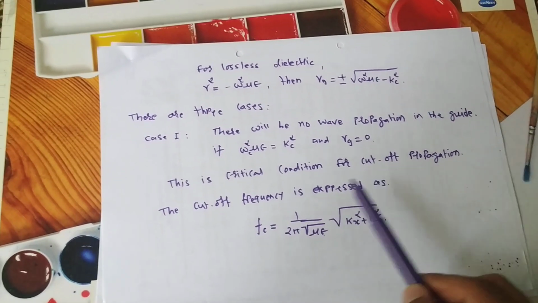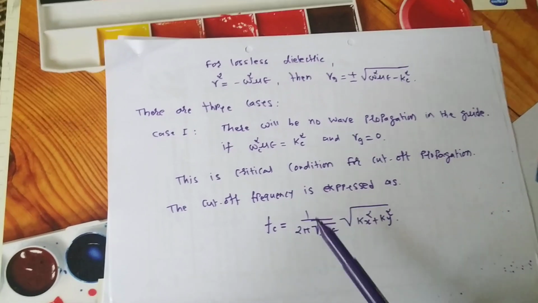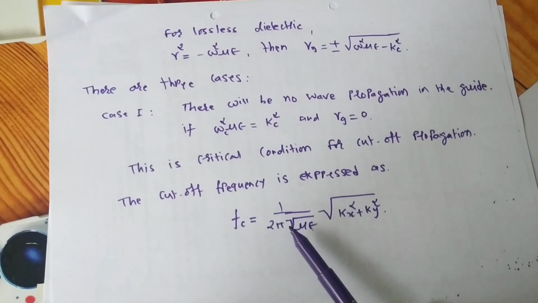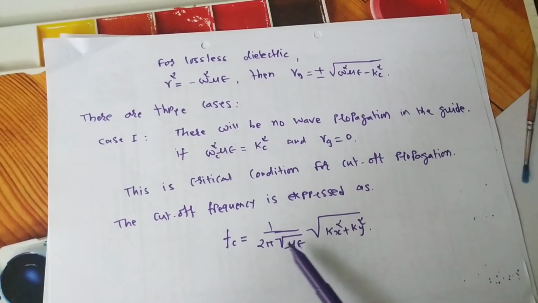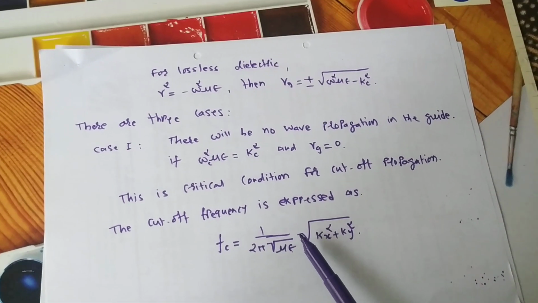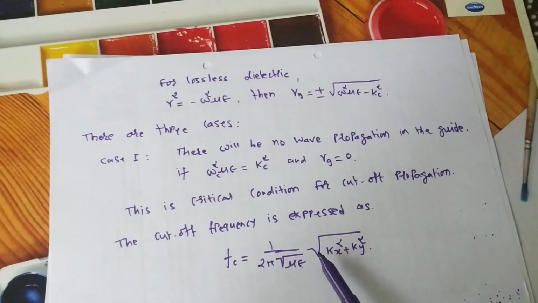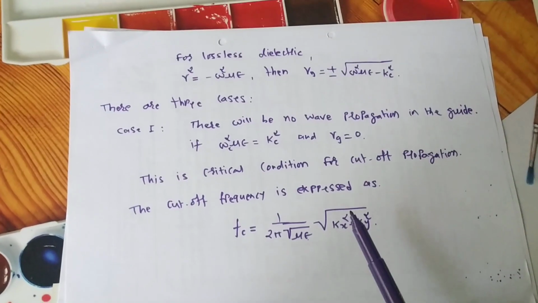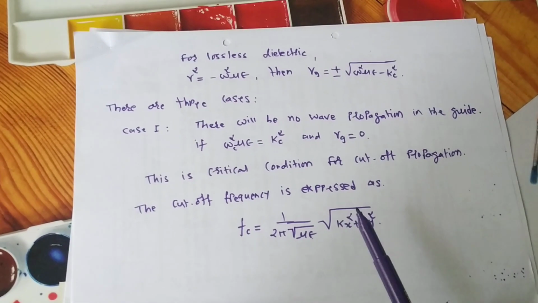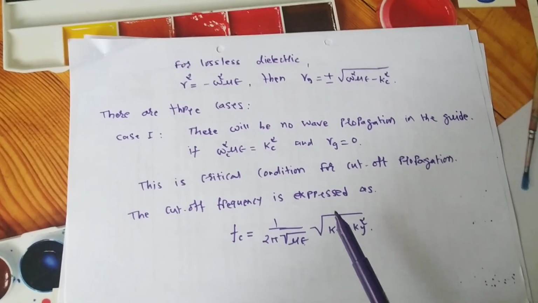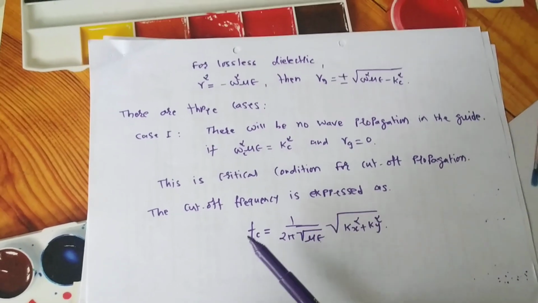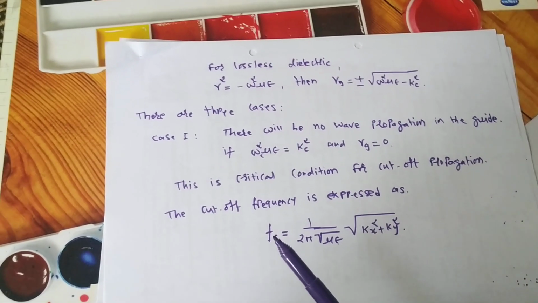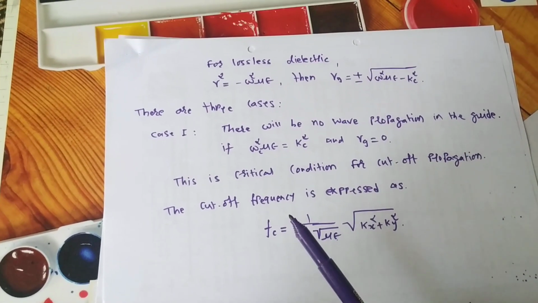The cutoff frequency for this case can be expressed as omega c equal to 1 over 2 pi square root of mu epsilon, multiplied by the square root of kx square plus ky square. So this is the critical condition: the operating frequency at which, if the signal is applied, there will be no wave propagating in the guide.